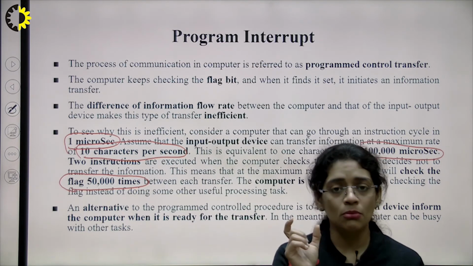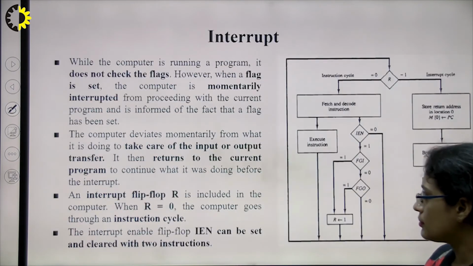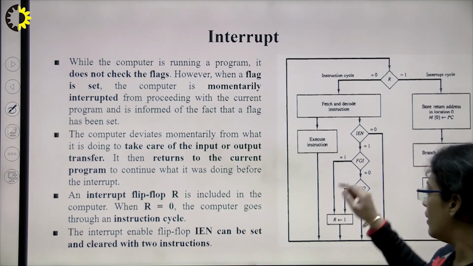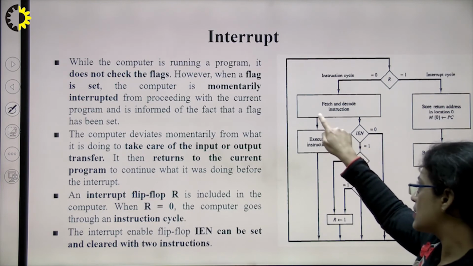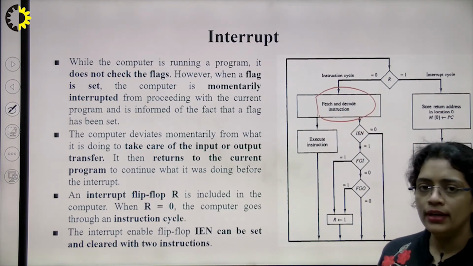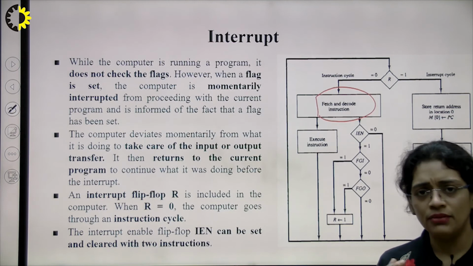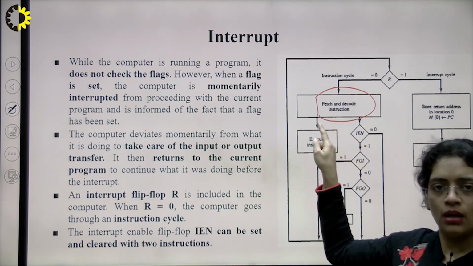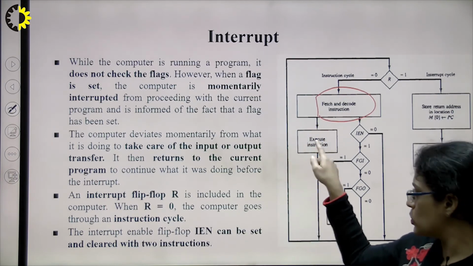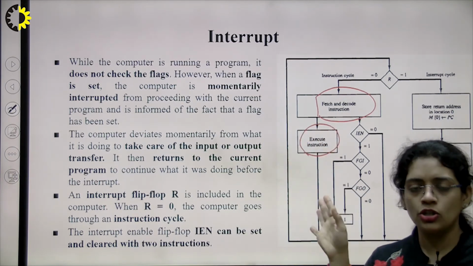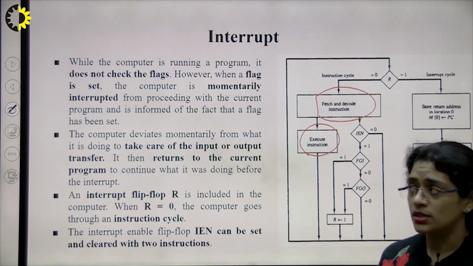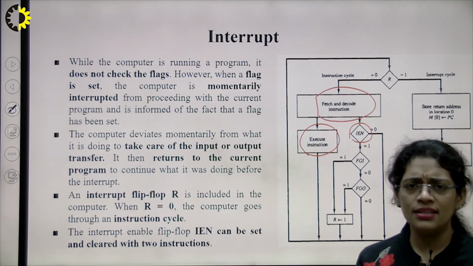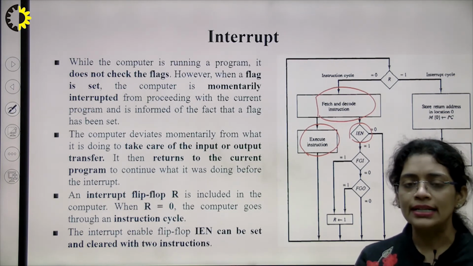Here there is a term called program interrupt. Let's see the flowchart of the interrupt. We fetch an instruction and decode it, and if there is no interrupt, we just execute the instruction normally. IEN is a flag for interrupt enabling.